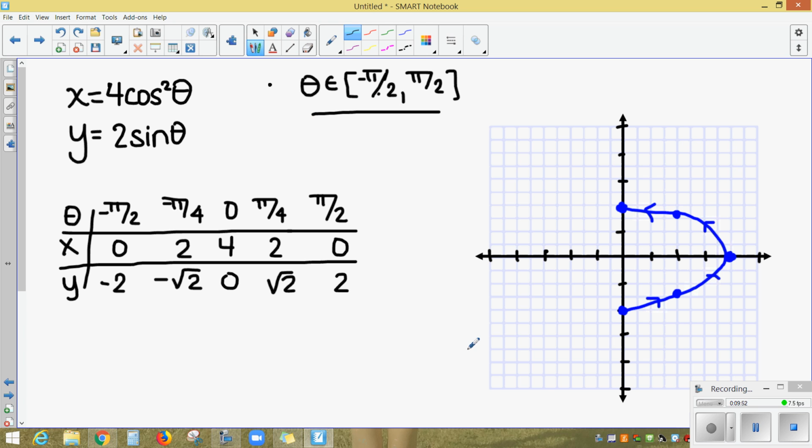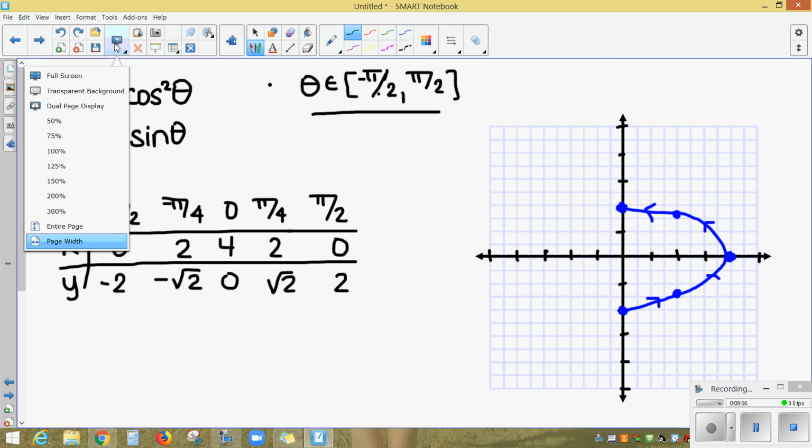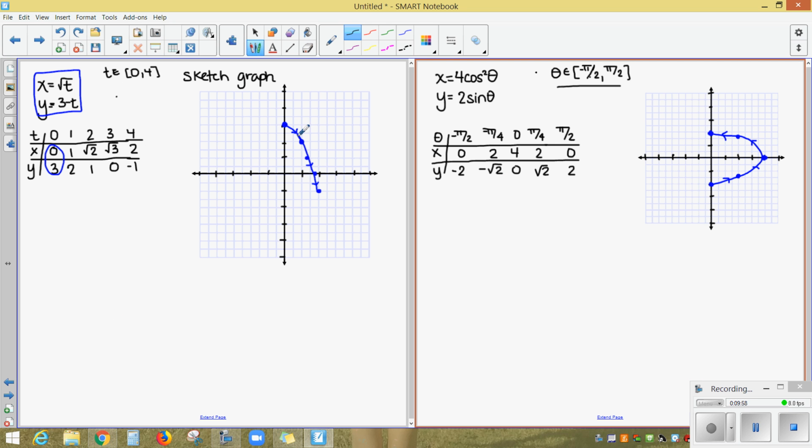Notice that when we sketch a graph of a parametric equation, this one versus the other one, this one was a function and this one's not a function. It doesn't pass the vertical line test. But we can still describe our graphs as parametric equations. I don't think we call them functions, but if we do, each of these is a function. And when we put the picture together, we don't always get one. Okay, next video we'll pick up with the next idea.